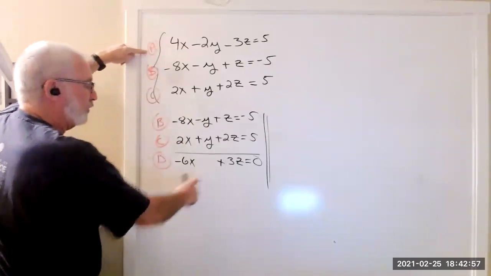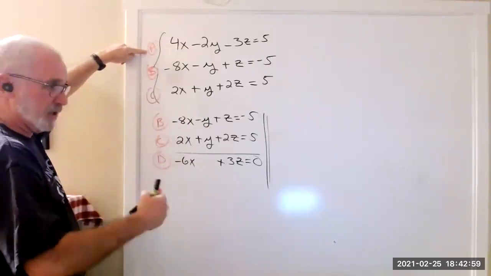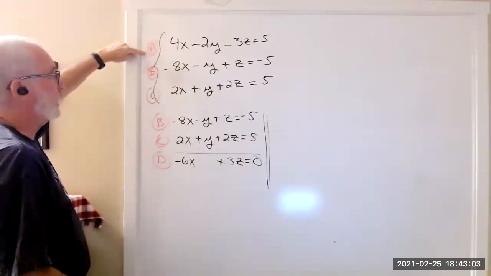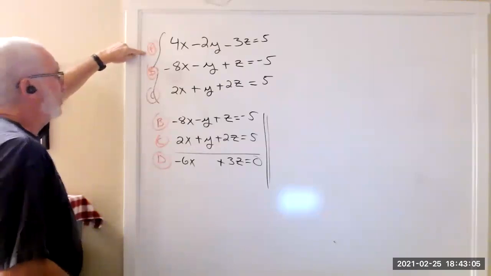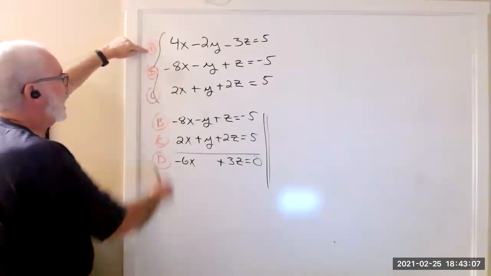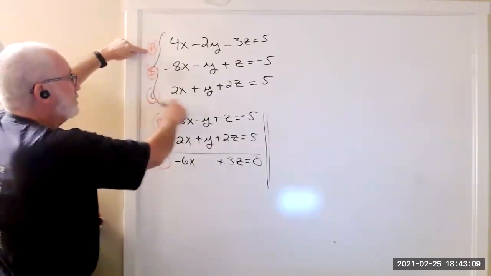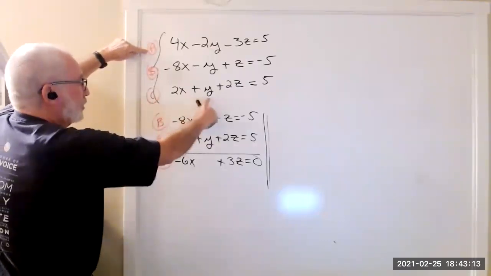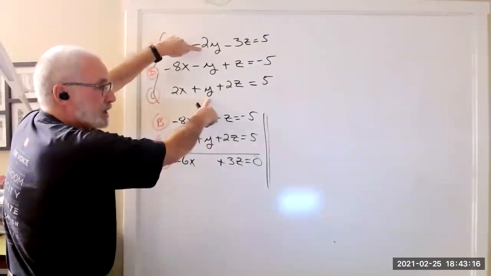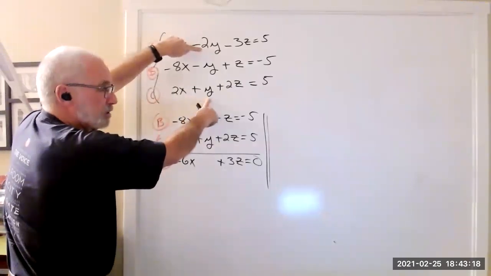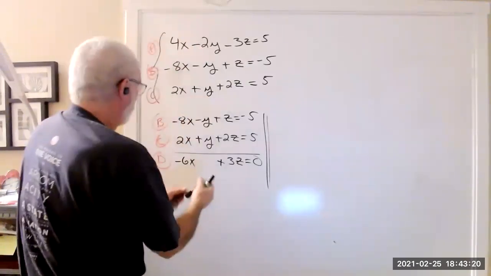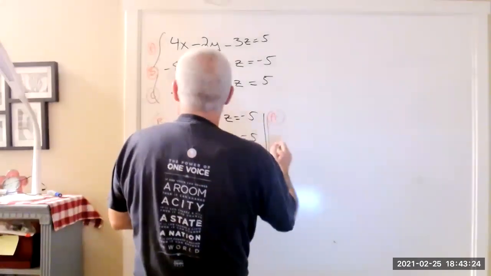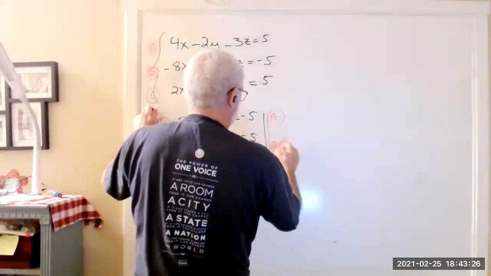So we've got to repeat the process, get rid of the y's, but we have to use A somehow. It seems to me that if I take A and 2 times C, I'll get a positive 2y here to cancel out my negative 2y here, and so I've satisfied the conditions. So I'm going to take A and 2 times C.